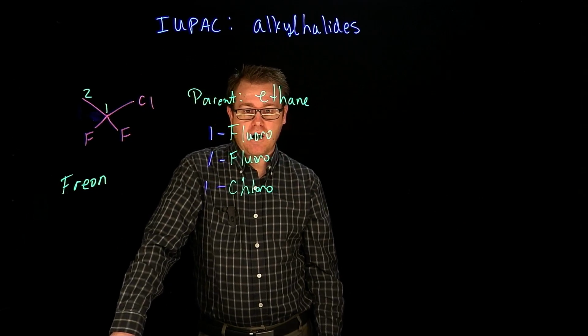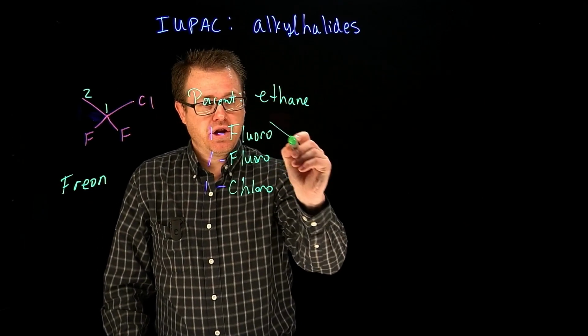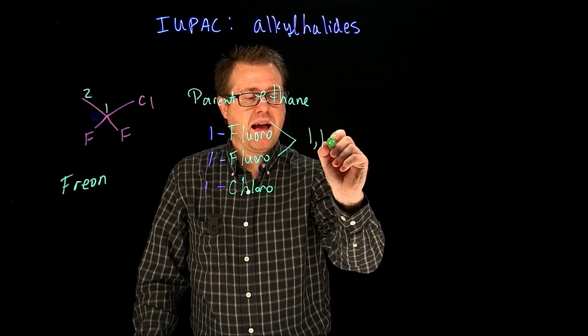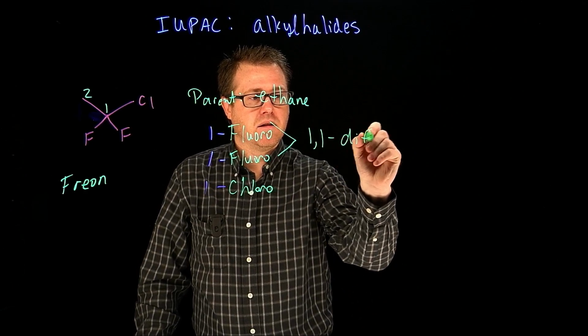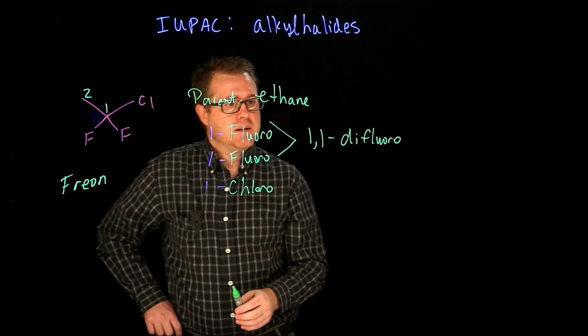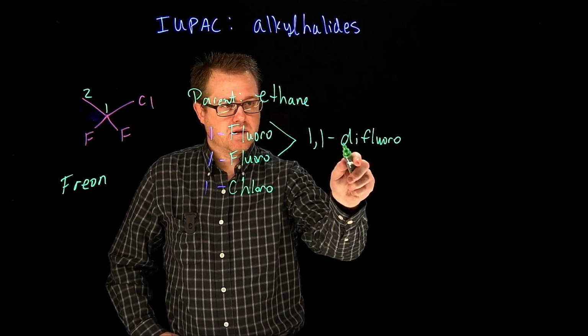Now we have to put this all in alphabetical order. When you have two groups that are the same, we would rewrite that like this: 1,1-difluoro. And now we have to alphabetize the substituents.